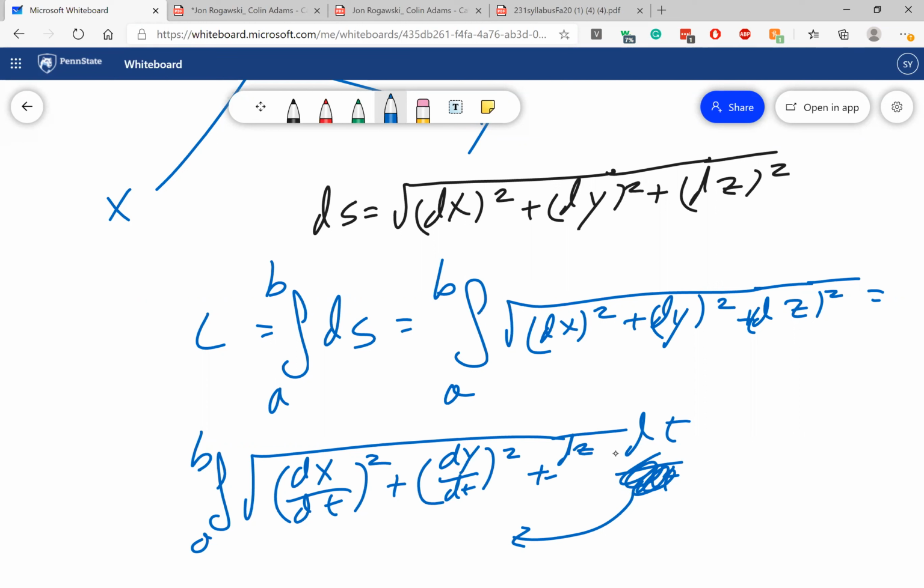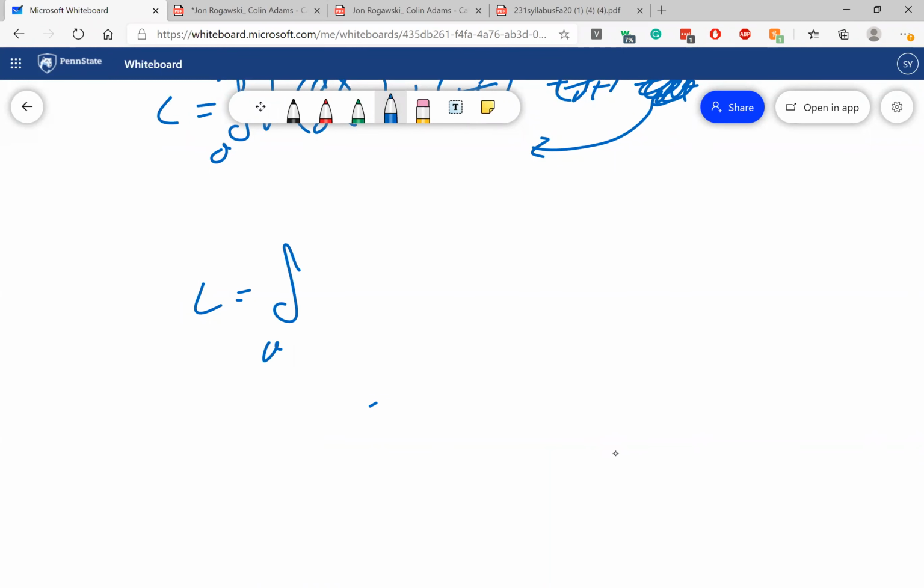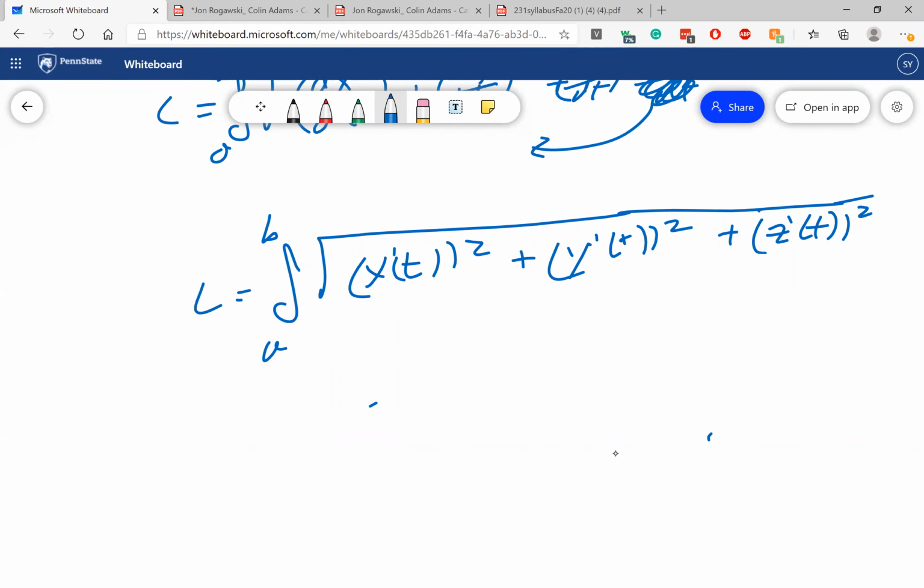So we can say in general that the length is equal to the integral from a to b of the square root of x prime of t squared plus y prime of t squared plus z prime of t squared. And this is also equal to the integral from a to b of the magnitude of r prime of t dt.